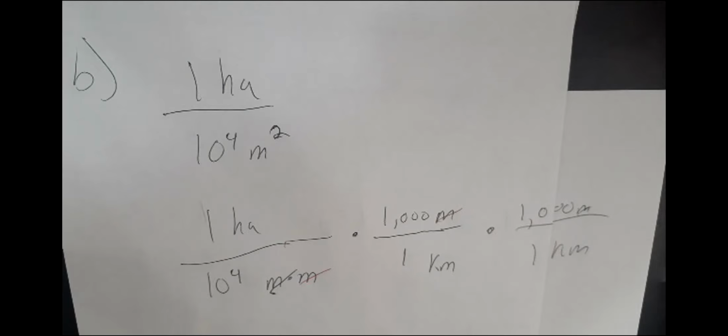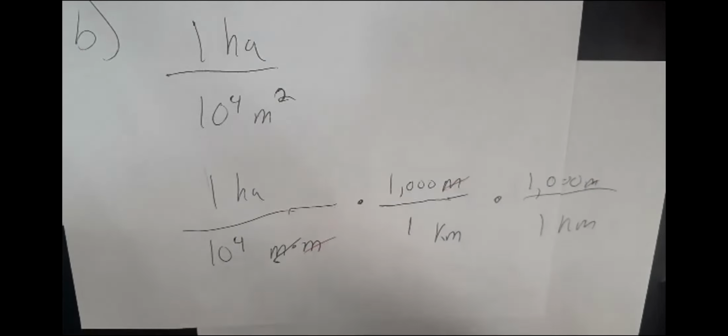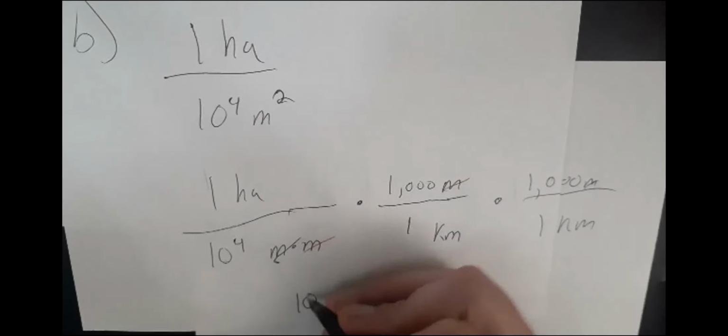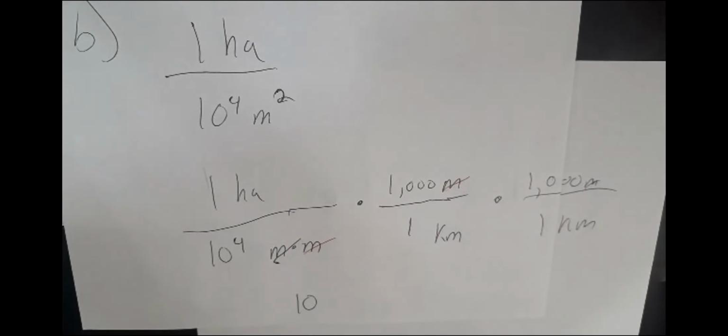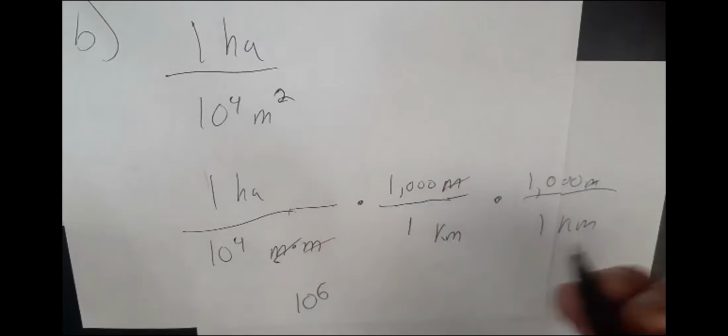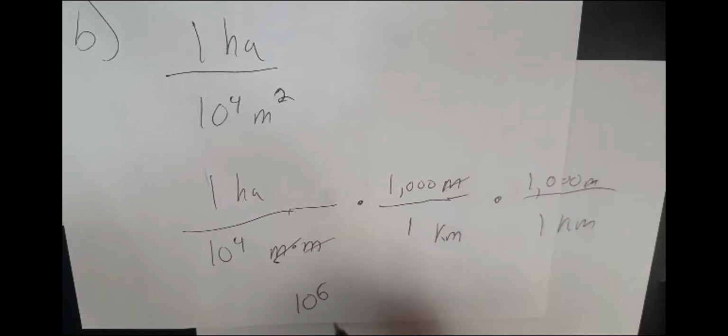So we're doing 1,000 times 1,000. If you want to give it to me as a power of 10, it's like counting the zeros. So on top, what am I going to get? Is it 10 to the power of 6? Absolutely. 3 zeros here, 3 zeros here.